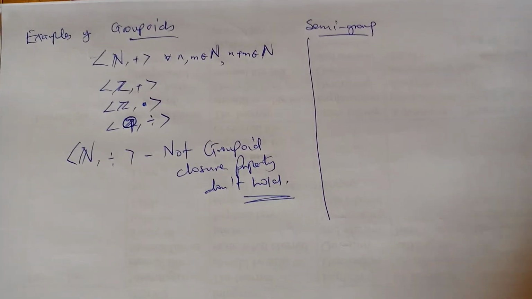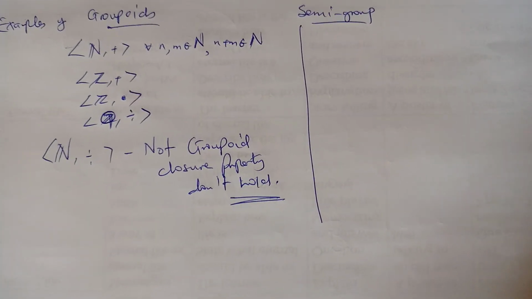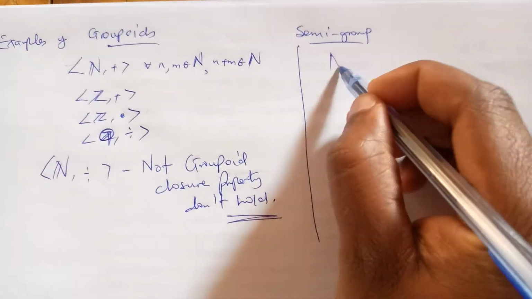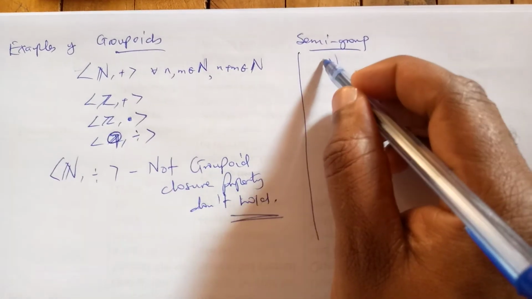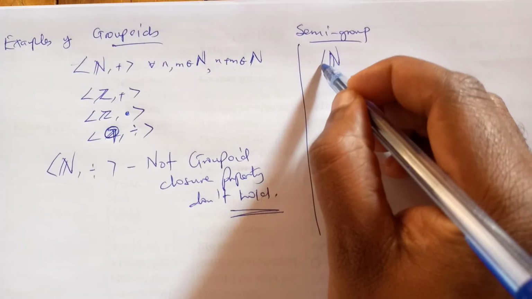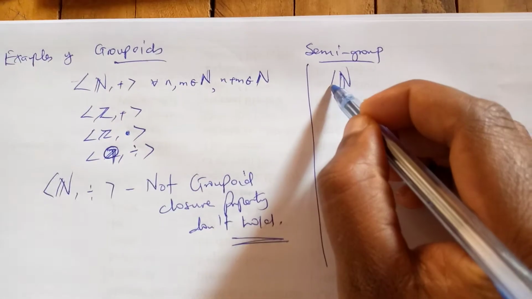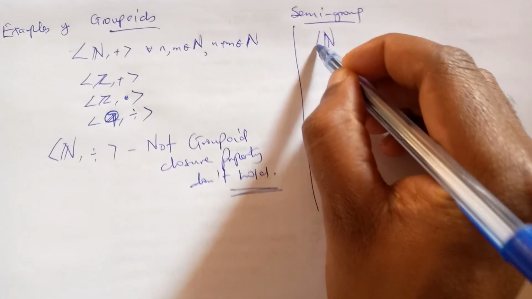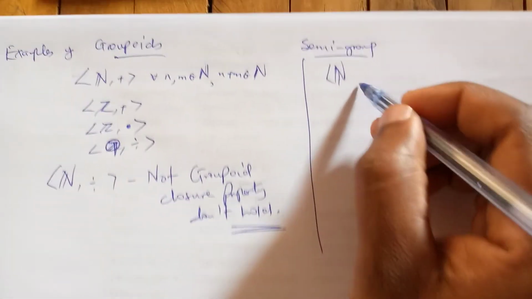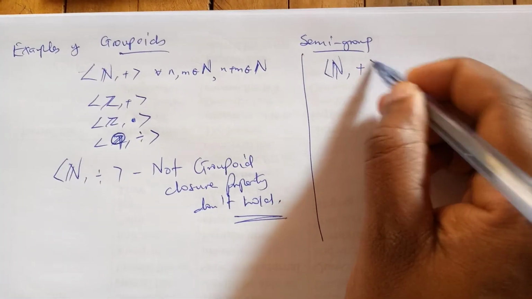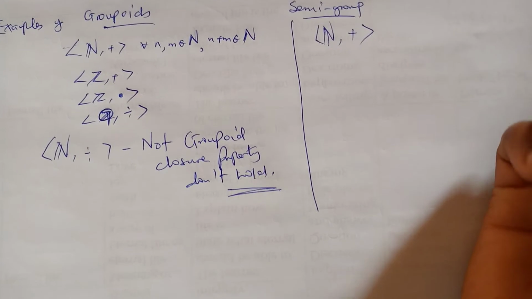On the other side, examples of semigroups: we can see that the natural numbers under addition are a semigroup.